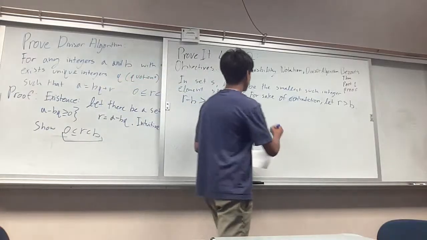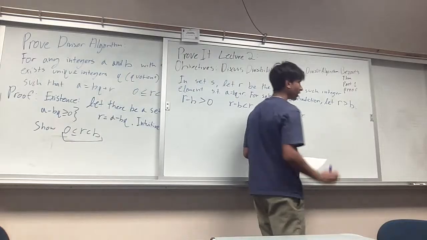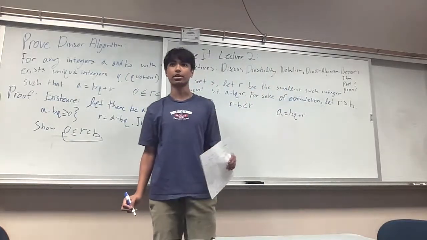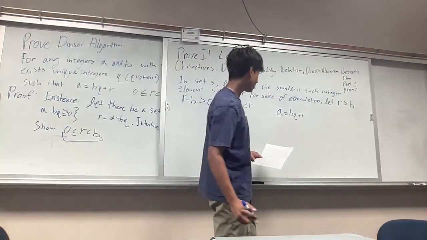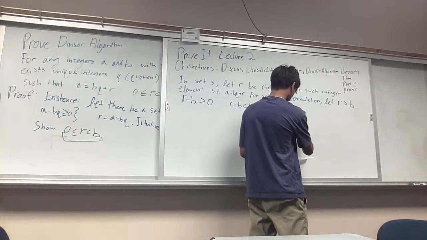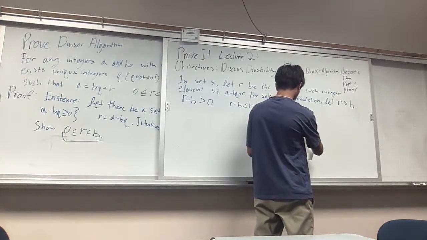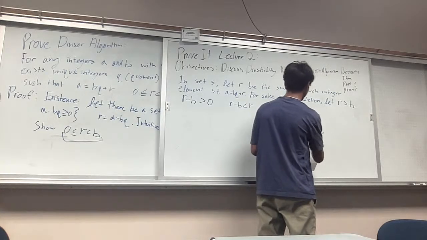Okay. Let's go back to a equals bq plus r. This is going to be a really clever set of algebraic manipulations that are going to come up, and it's going to be pretty beautiful. Let's add plus b minus b to both sides.